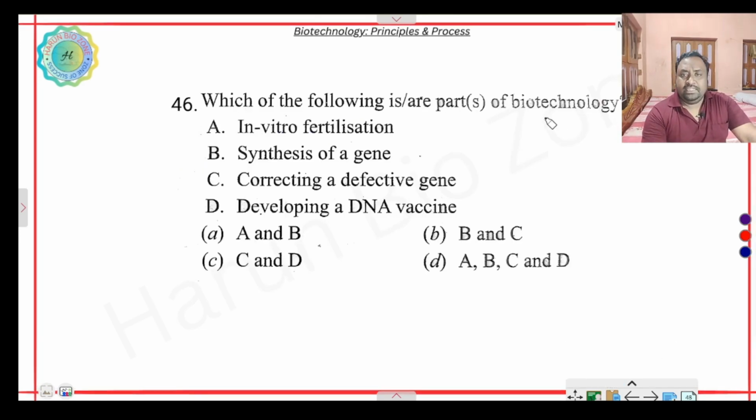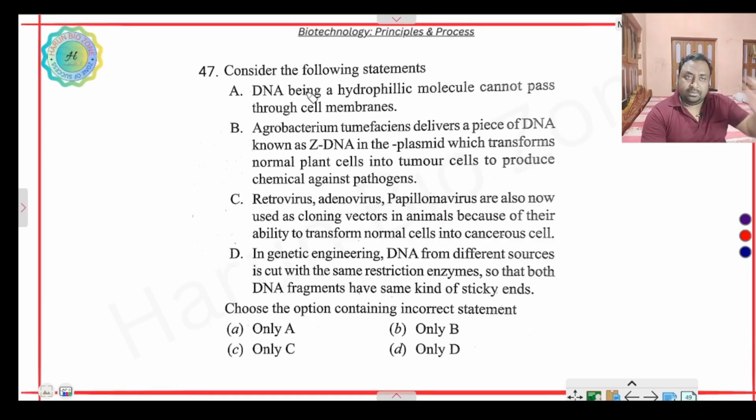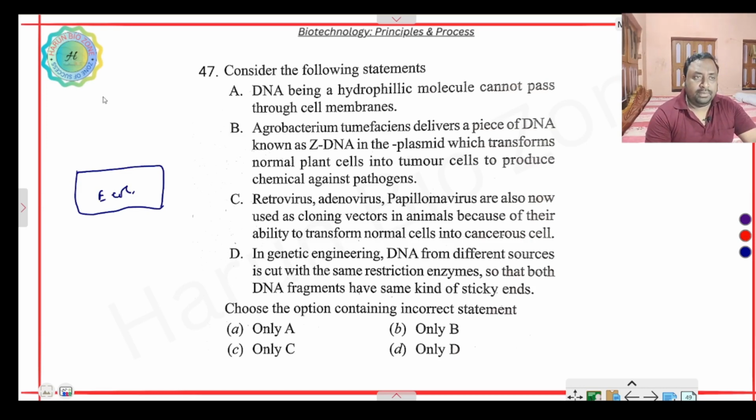Which of the following is a part of biotechnology? In vitro fertilization, synthesis of genes, correcting defective genes, developing DNA vaccines. All of these are part of biotechnology. Consider the following statement: DNA being hydrophilic. Suppose this is the cell, the cell of E. coli bacteria, and this is the recombinant vector.